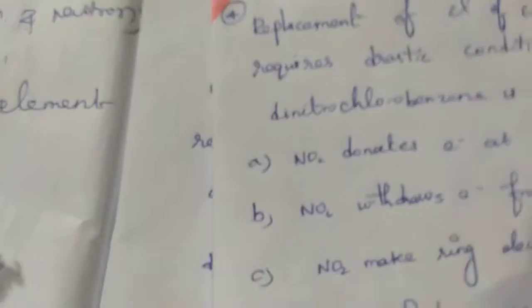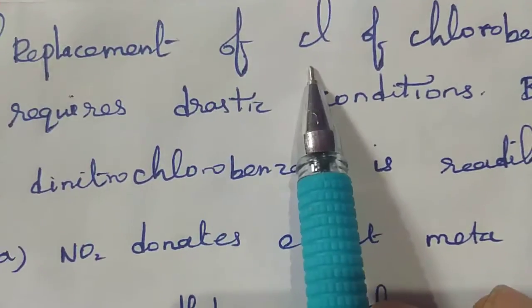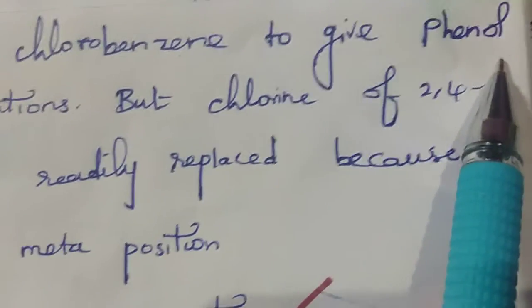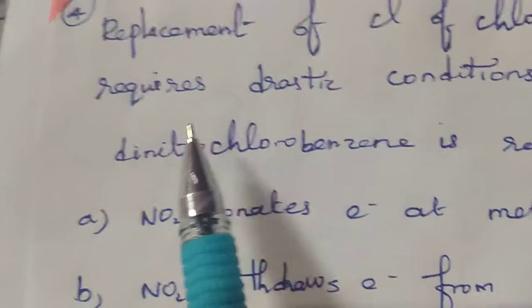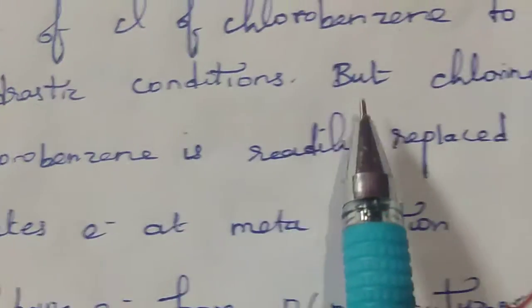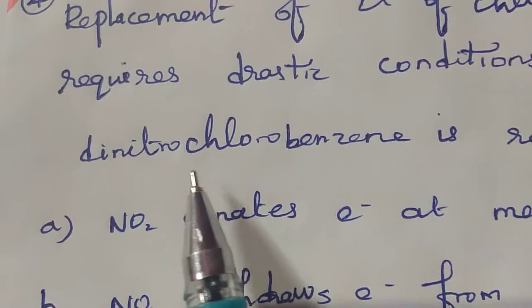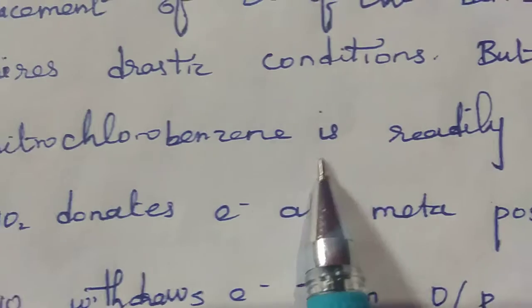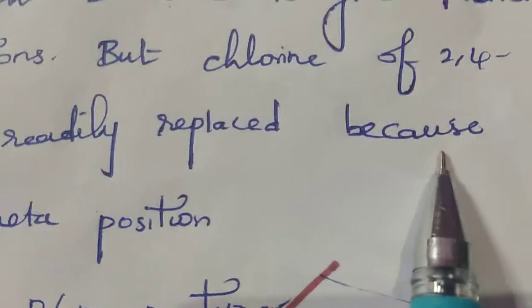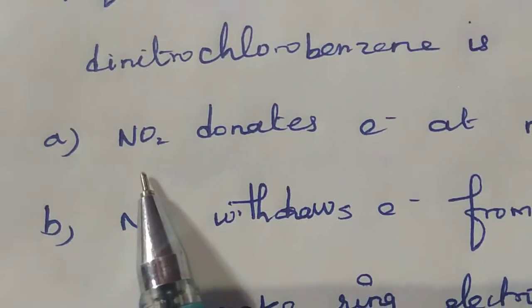Next one is: replacement of chlorine of chlorobenzene to give phenol requires drastic conditions, but chlorine of 2,4-dinitrochlorobenzene is readily replaced because... The four options are given.